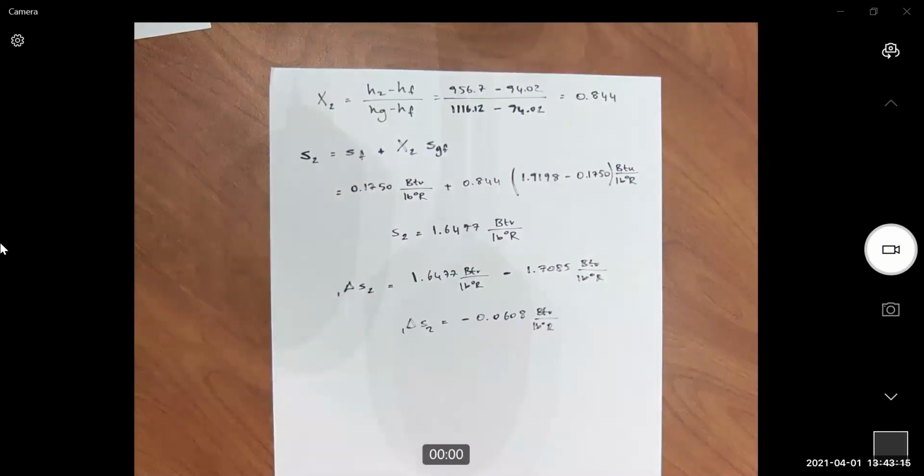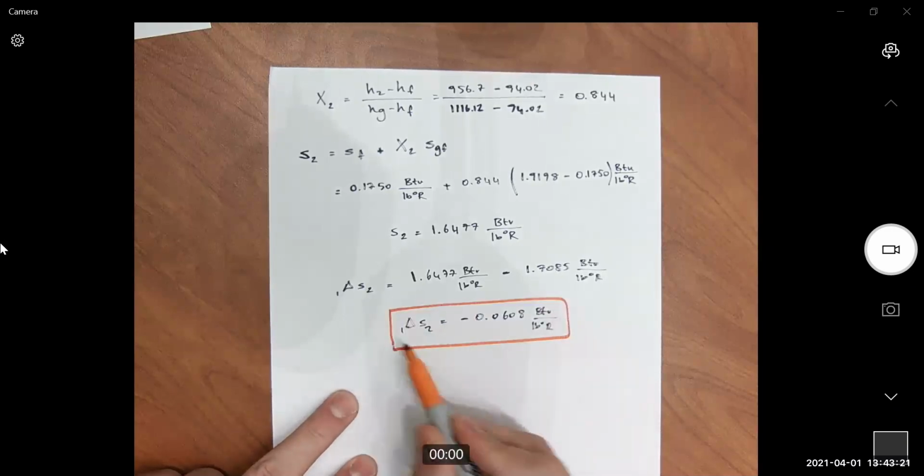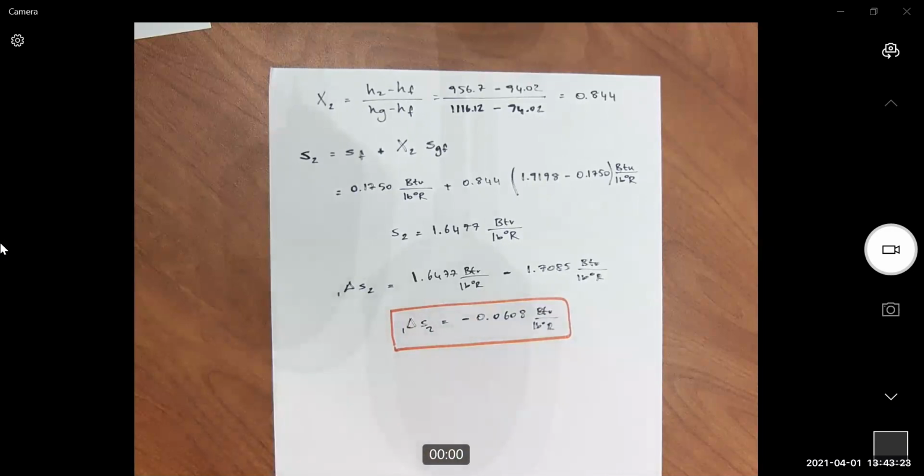Okay. So in the first method, by using an ideal turbine, I check the maximum work that can be produced by the turbine. And the amount of work they claim can be produced exceeds it and violates the second law. It's impossible. And in the second method, by using the amount of work they claim they can produce, I go to my actual outlet and look at the real outlet entropy.